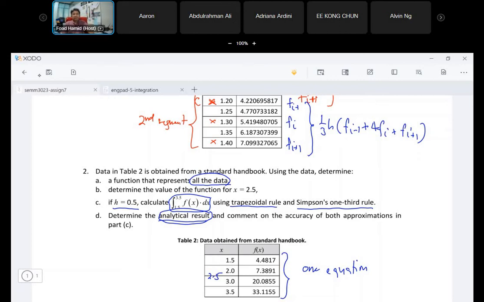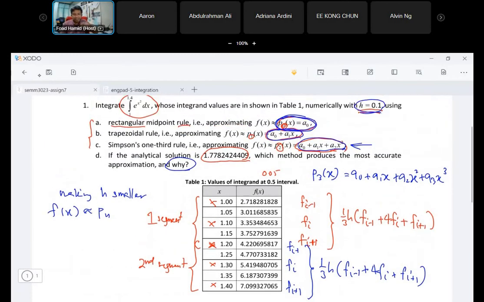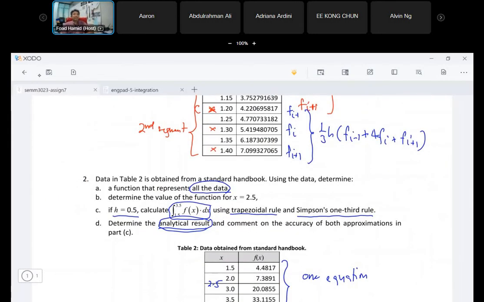The first question is basically testing your understanding: what is Simpson's rule, what is trapezoidal rule, what is rectangular rule. But the second question is a little bit harder, because you need to find the function first. Once you know the function, then you can do the integration. This question number 2 is typical of your test question.